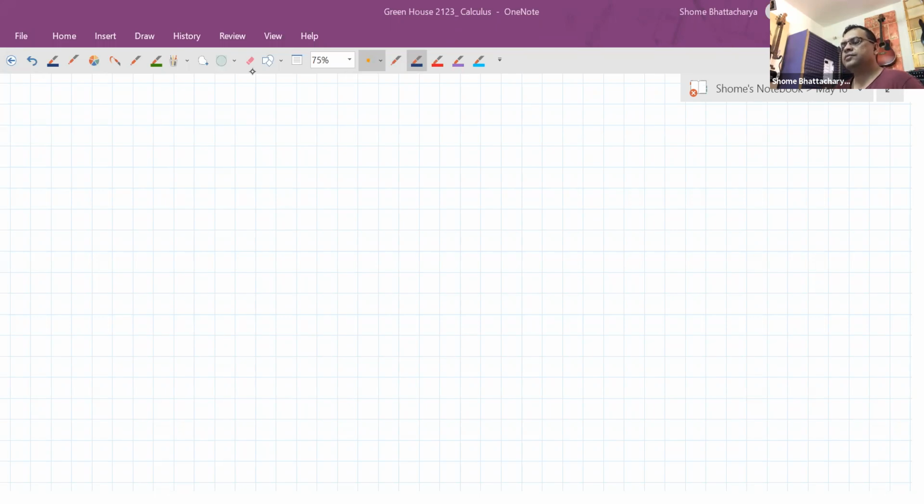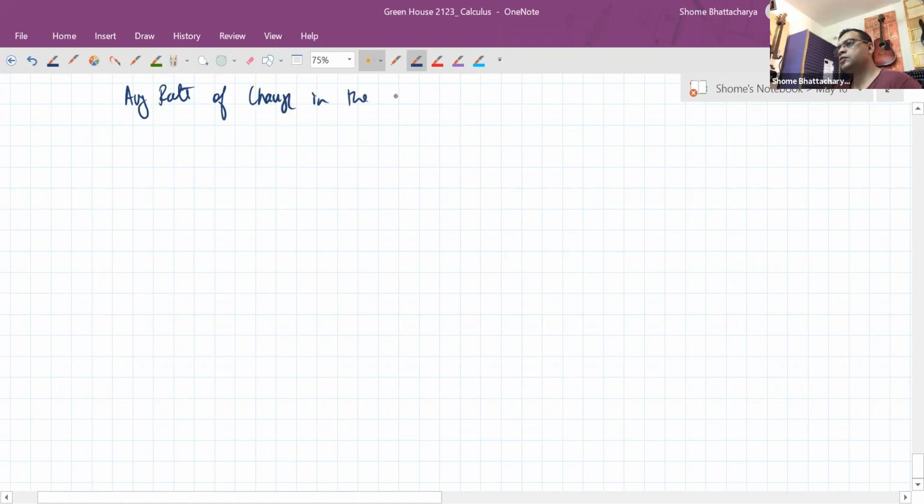Okay, so next thing, let's look at average rate of change in the graph of a function. So just now we've seen how we define average rate of change.